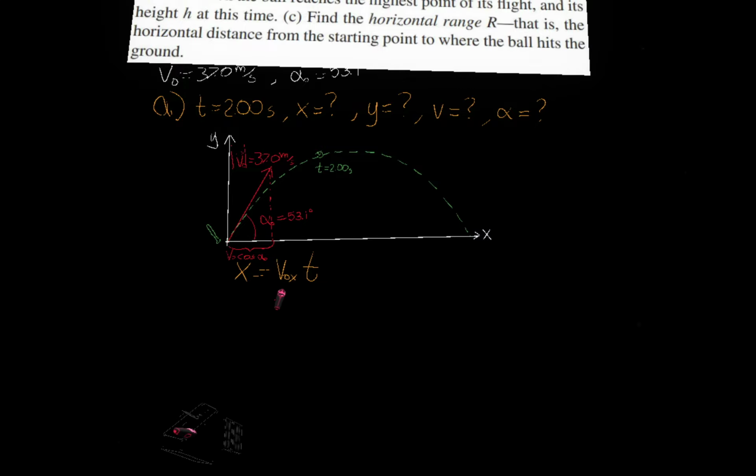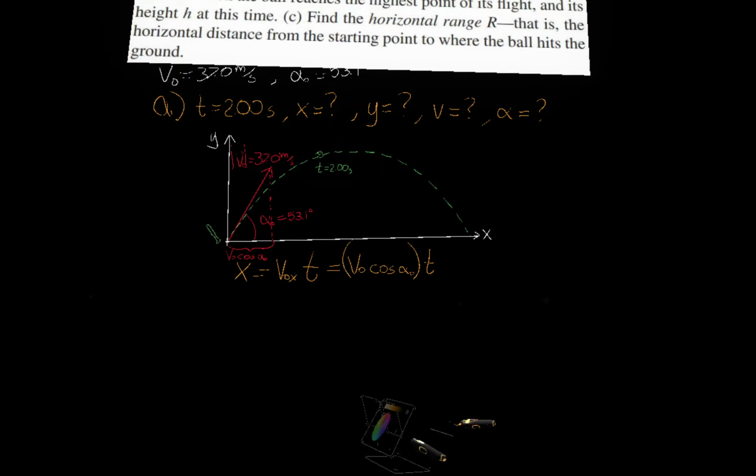And so in our other equation we had it written fully out, v naught cosine alpha naught. So we can write this if we want: v naught cosine alpha naught times t. Right? That's what we want to use.